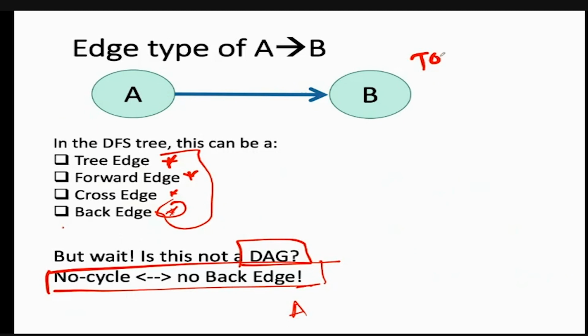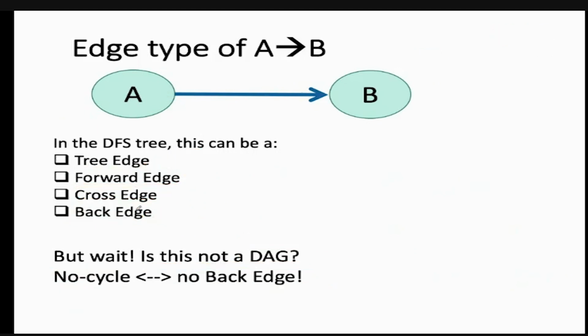If this is a DAG, then it cannot have a back edge. So we will only have these three kinds of edges in our graph: tree edge, forward edge, and cross edge. No back edge, meaning no cycle in our graph. Okay?